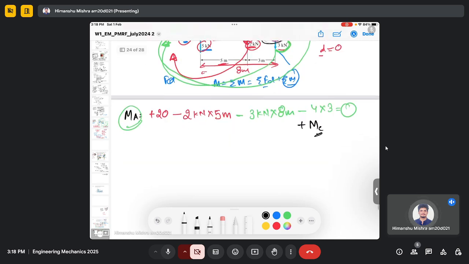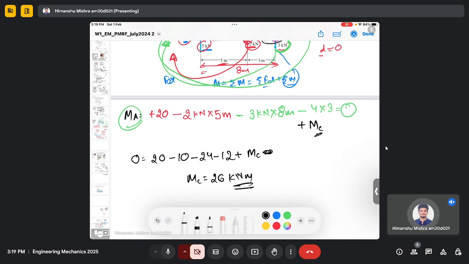So when we simplify it, we will get 0 equals 20 minus 10 minus 24 minus 12 plus M at C. When we solve this, we will get the movement at point C, which is 26 kilonewton meter.